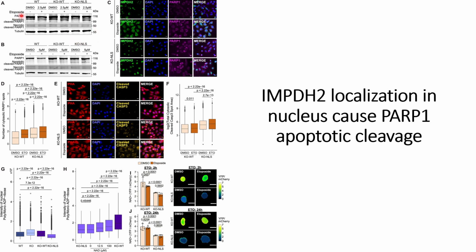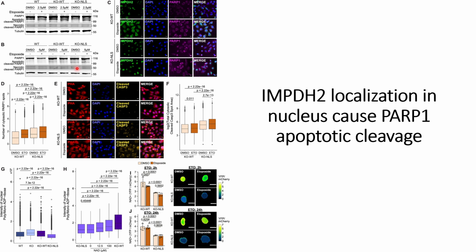treated the cells for a short duration of time with a high concentration of adipocytes, that is for 2 hours they treated the cells with 5 micromolar adipocytes, and then left them in adipocyte free media for 24 hours with 3 different conditions. First, without any supplementation of IMPDH2, and next with the supplementation of wild type IMPDH2 in the knockout cells, and the supplementation of modified IMPDH2 which has NLS sequence in the knockout cells.